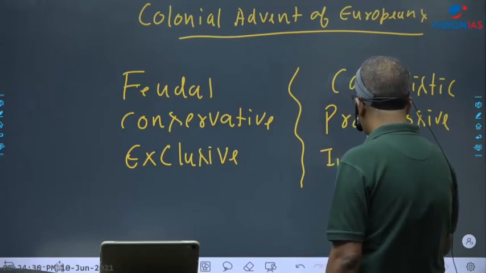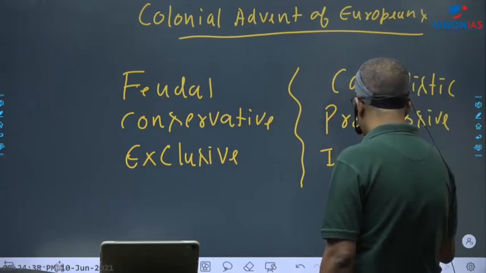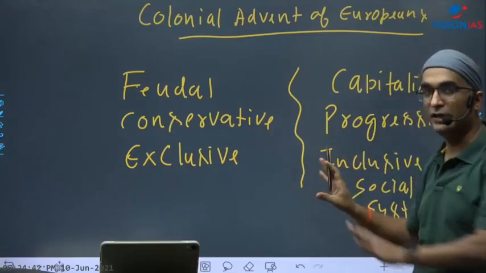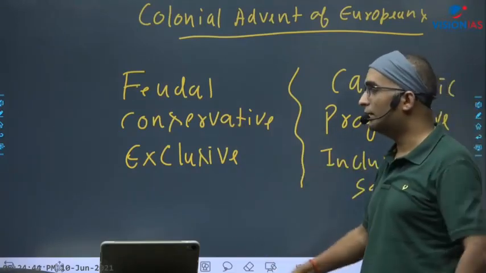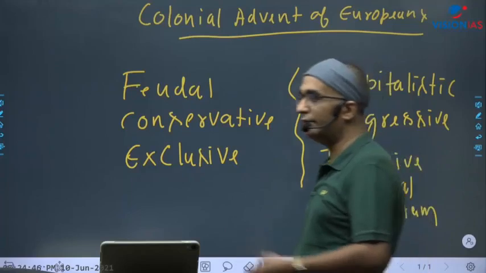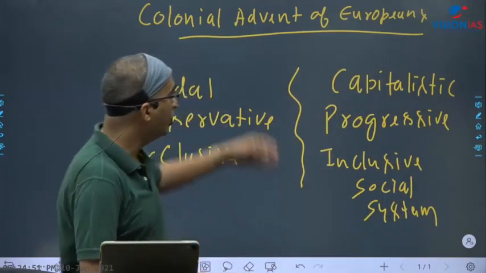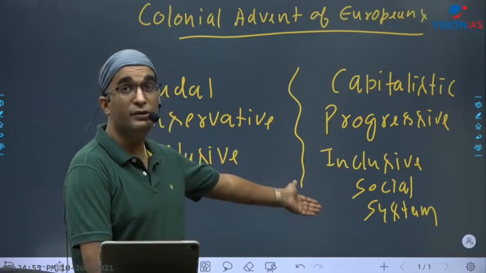Many of you may not understand what we have written over here. This is just one sentence where it is written that India was a feudal, conservative, exclusive social system, and it transformed itself into a capitalistic, progressive, inclusive social system.